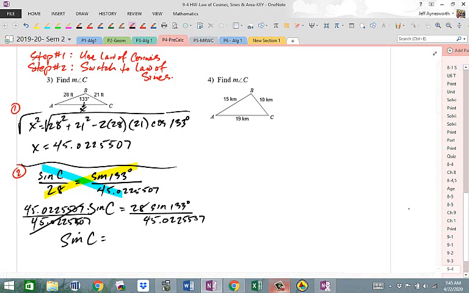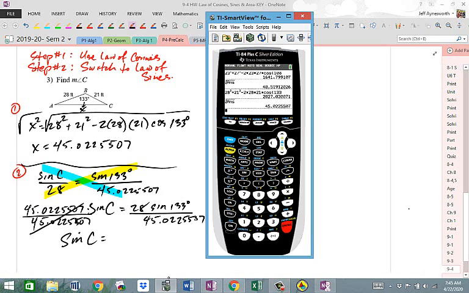So watch this. I'm going to take 28 times the sine of 133 degrees. Got to close the angle off there. I've got to divide it by the previous result, so divide it by the answer. So recall the answer back, and you'll get this. Now I'm going to write that down.